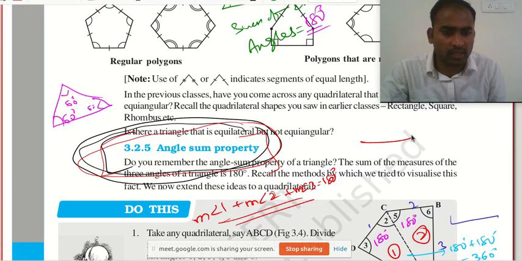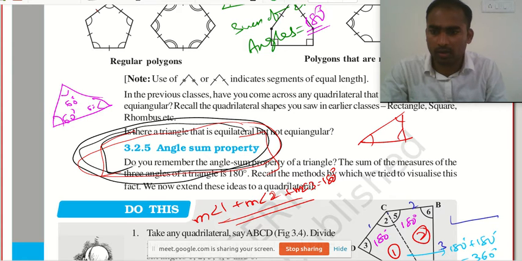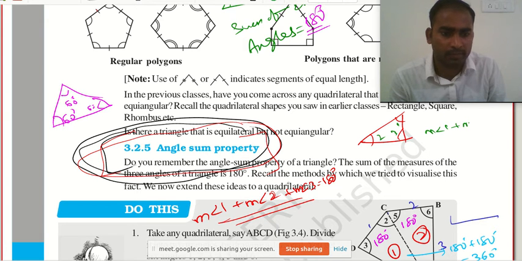In any triangle, the sum of these three angles is equal to 180 degrees. So here, first angle, second angle, third angle: measure of angle 1 plus measure of angle 2 plus measure of angle 3 is equal to 180 degrees.